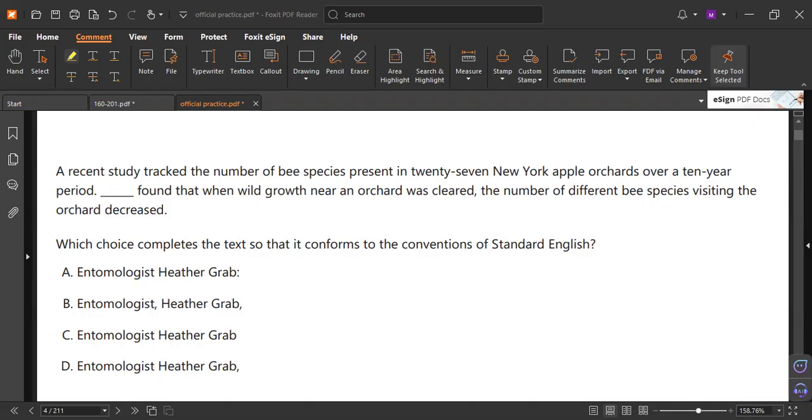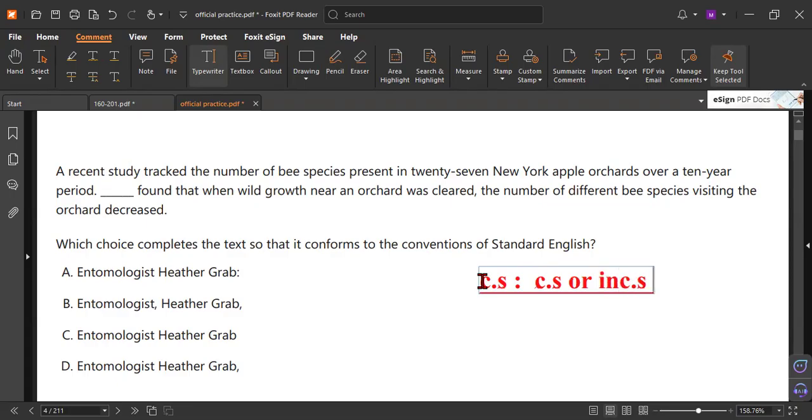It may help. Is it A? No. Try to memorize the rules. Before a colon, it must be a complete sentence. After a colon, we can use a complete sentence or an incomplete sentence.